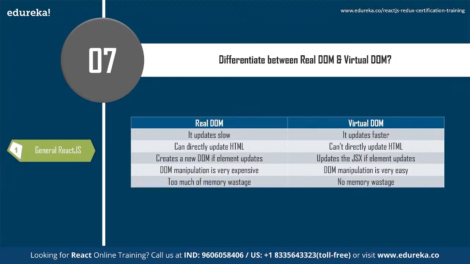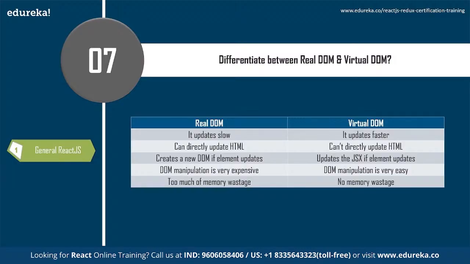Real DOM creates a new DOM if an element updates, while virtual DOM updates the JSX if an element updates. So that's why real DOM is comparatively slower than the virtual DOM, because in real DOM, every time any element gets updated, a new DOM is created. While with React, which uses virtual DOM, whenever any element gets updated, only the JSX part gets updated.